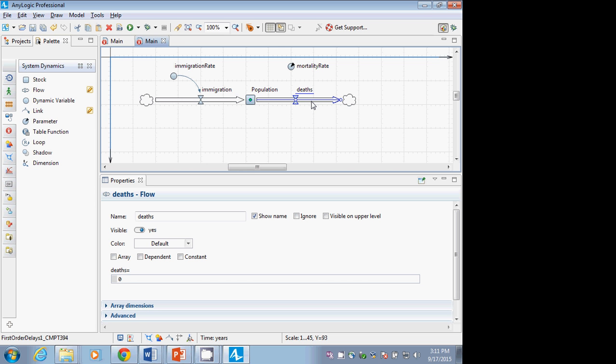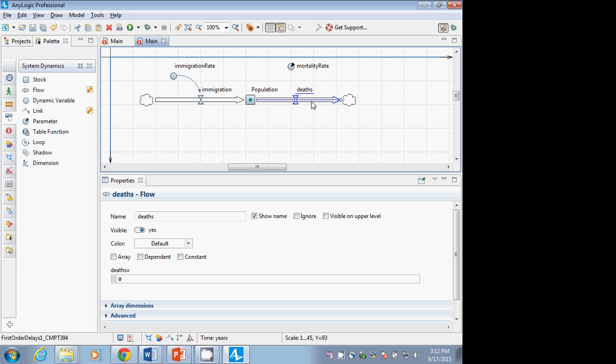Now, you're going to tell me the formula based on the reasoning we gave last time for deaths. So the idea here is, suppose we had a mortality rate of 10% per year. 10% of the population died per year. And suppose there were 1,000 people in the population who are at risk of death.